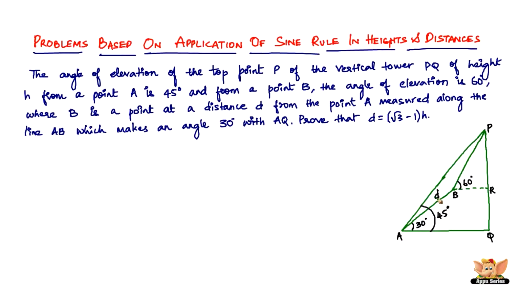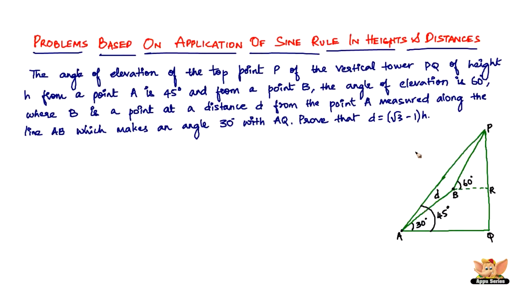So prove that this D, I hope you got it, the D is nothing but the distance from A to B. This is D, alright, and then AB makes an angle 30 degrees with AQ.